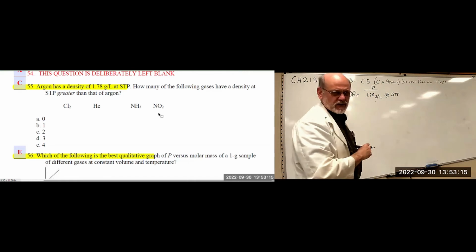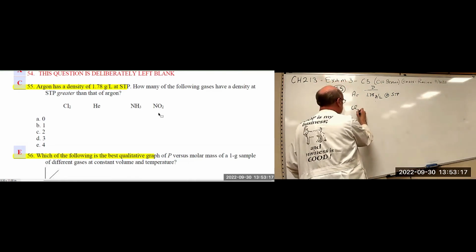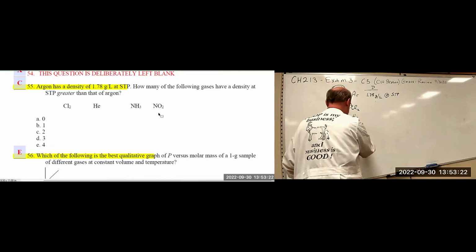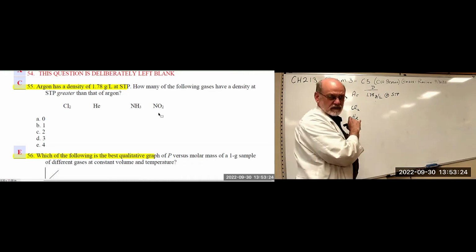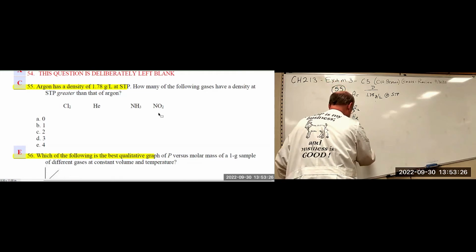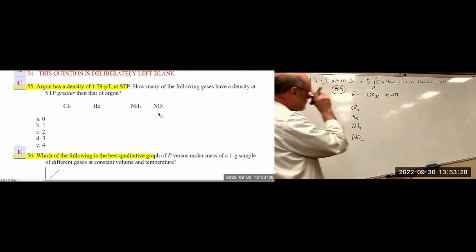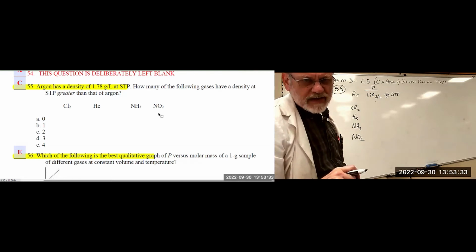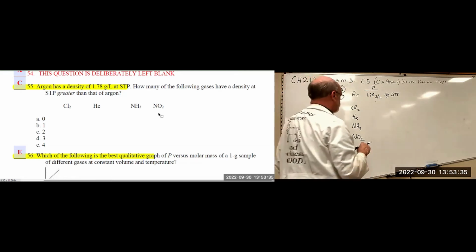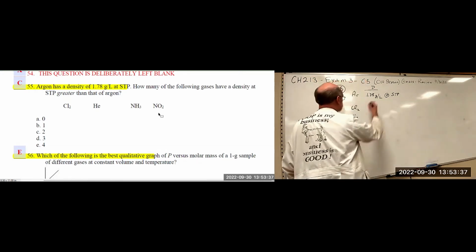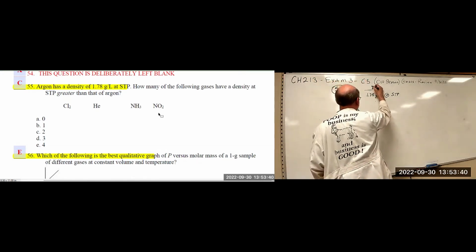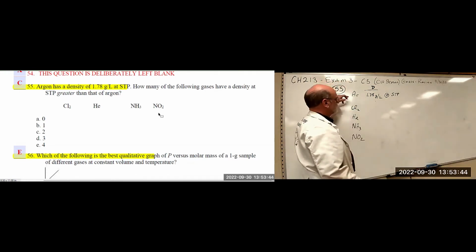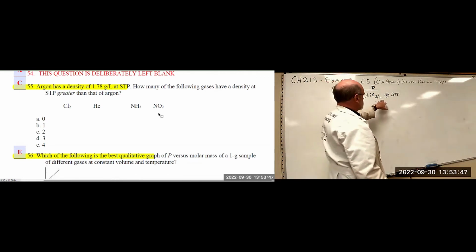And our other gases are chlorine, helium, ammonia, and nitrogen dioxide. So we want to know how many have a density greater than argon. So we're looking for a density that's greater than argon.